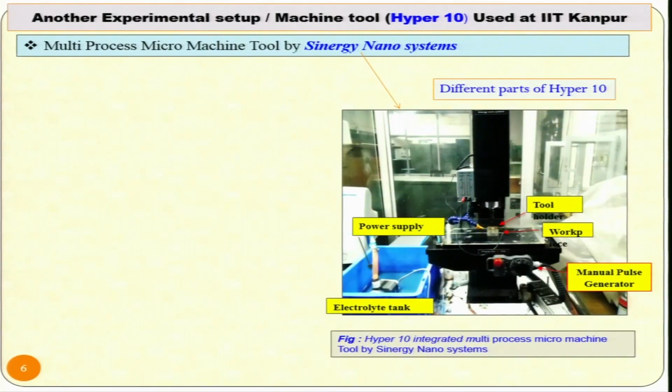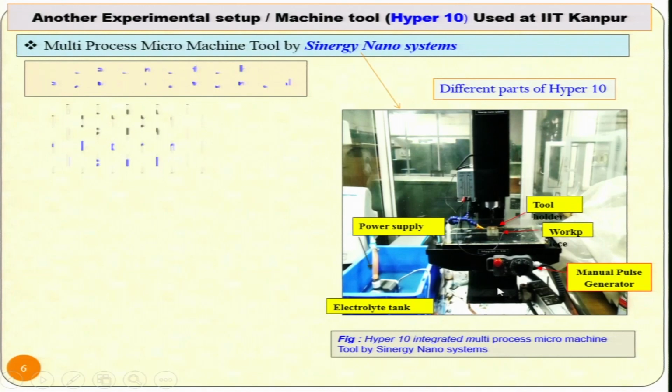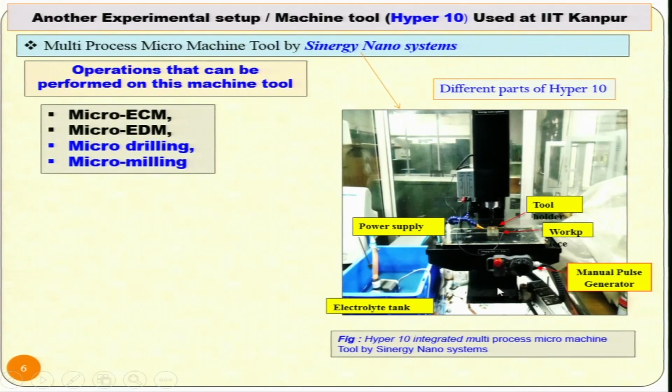You can see here the different parts of Hyper 10. The power supply, the electrolyte tank is here, the tool is shown over here, the workpiece, that is this one, and the manual pulse generator. Operations that can be performed on this machine tool are micro ECM, micro EDM, micro drilling, micro milling.